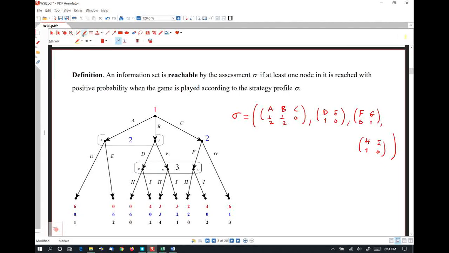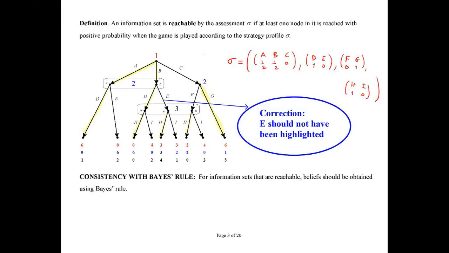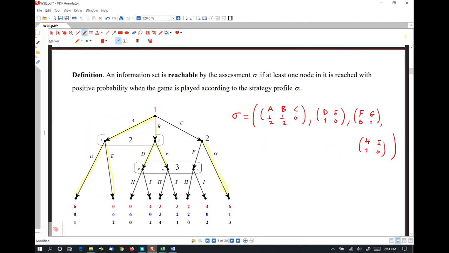So we can highlight the choices that have positive probability, the A and B, and then D and E, and then G and H. And then see where you get from the root of the tree following highlighted choices. Any information set you can get to is called reachable, right? So the information set of player 2 on the left is reachable.